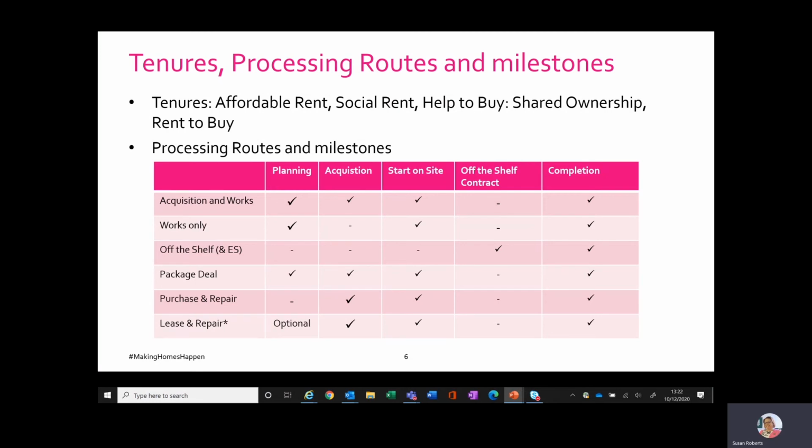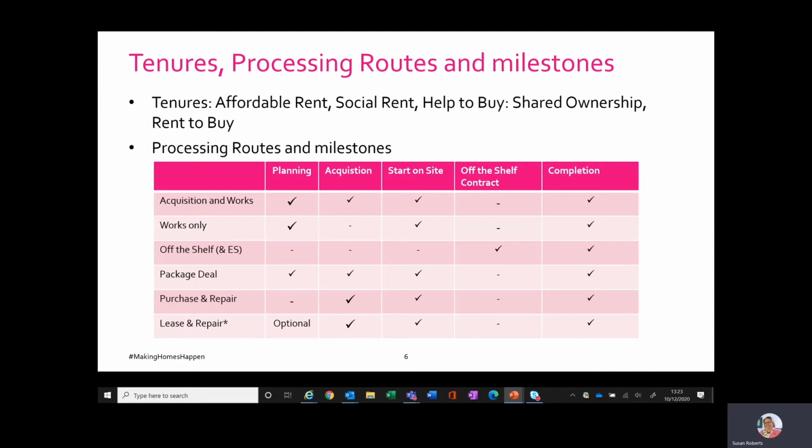Now those of you that have worked with us previously will notice that there is no specialist rent listed here. That is because specialist rent could come under affordable rent or social rent. So you will identify your units as specialist rent units under the unit details itself. So that's a change within IMS for anyone who's done that before.